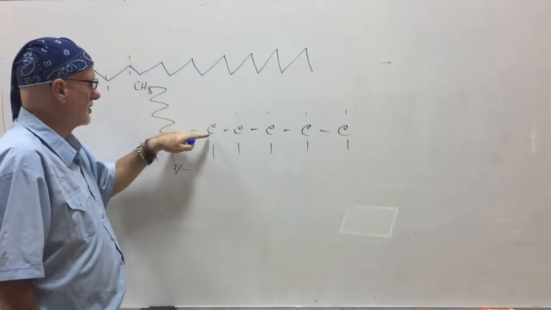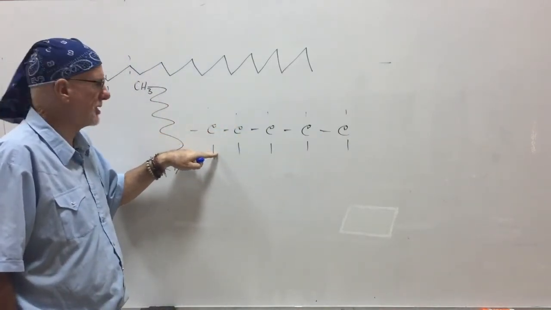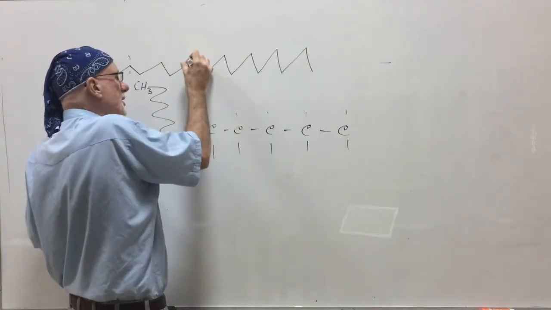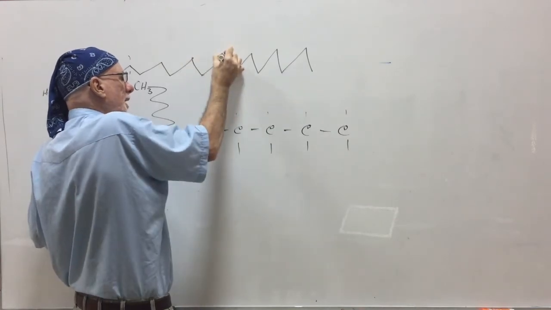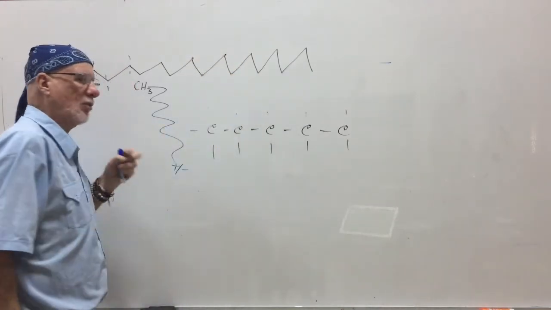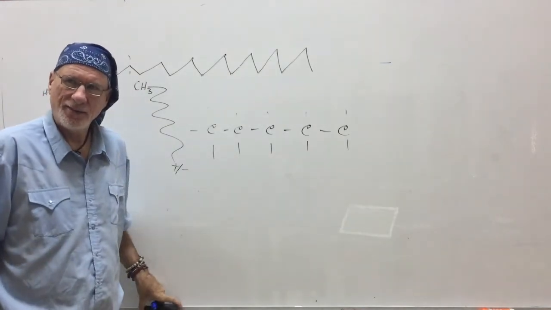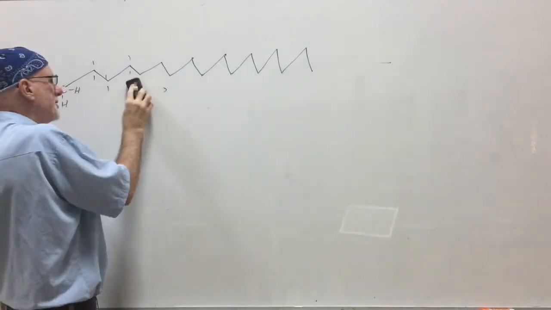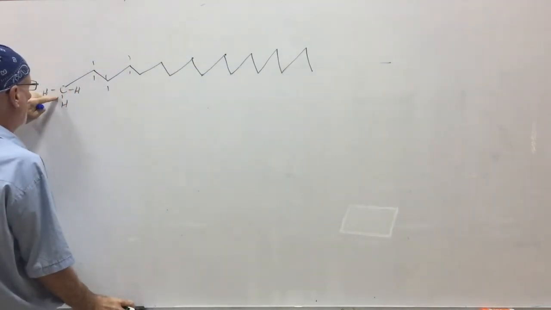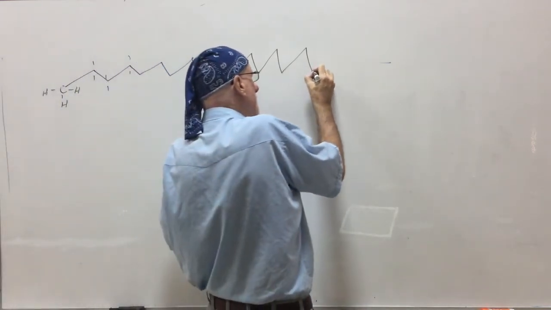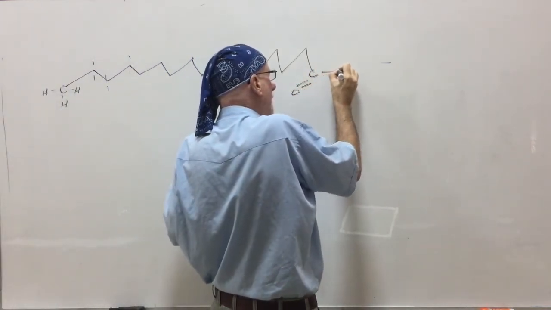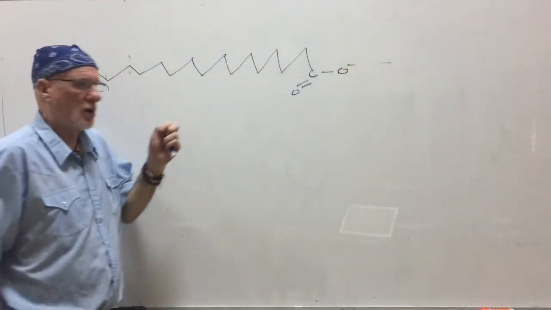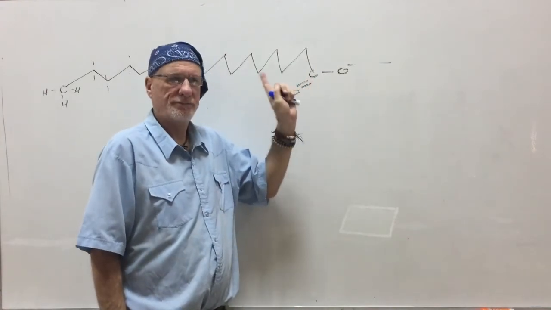Okay, this is CH3, 3 hydrogens. That's CH2, that's hydrogen. So here's a carbon, these are carbons. So you're writing it without writing in the hydrogens. Do you get it? So one end is CH3, and the other end is C double bond O, with a charge. This is called a carboxyl group.